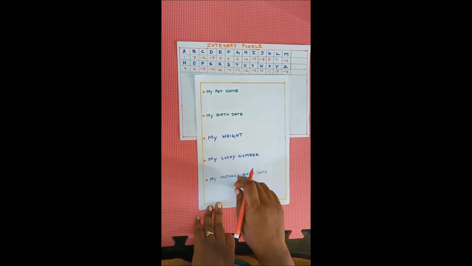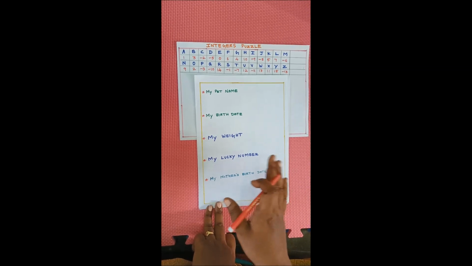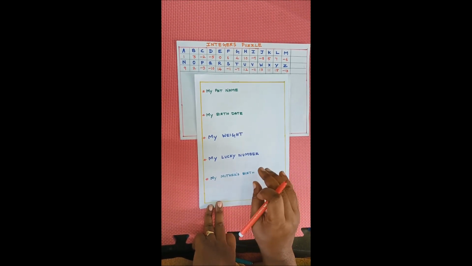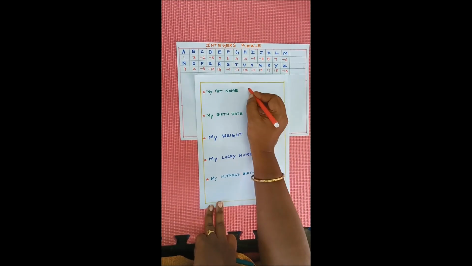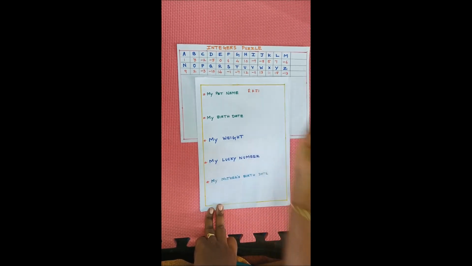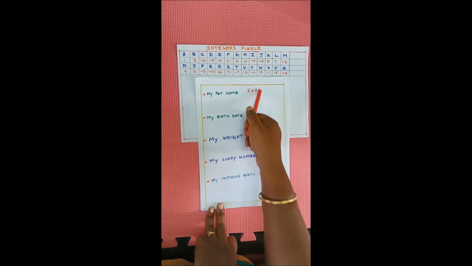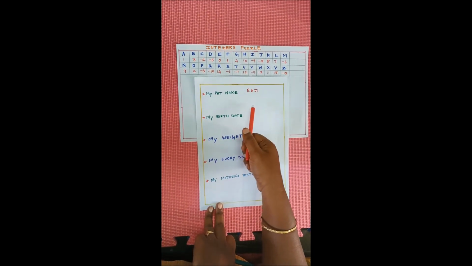Okay, see here, first my pet name. My name is Rajeshwari, but I am not going to solve the full name here, just the pet name or nickname you will be having. So I can take my name as Raji. Now for Raji, what are the numbers for these alphabets?